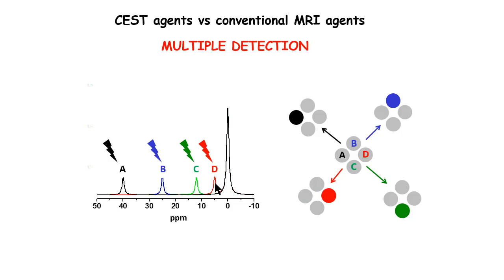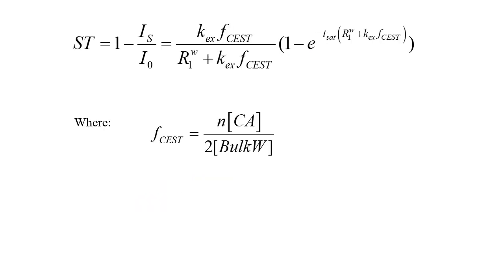So this opens a completely new route in MRI contrast agents, because it allows us to approach the possibility to visualize different epitopes in the same anatomical region.